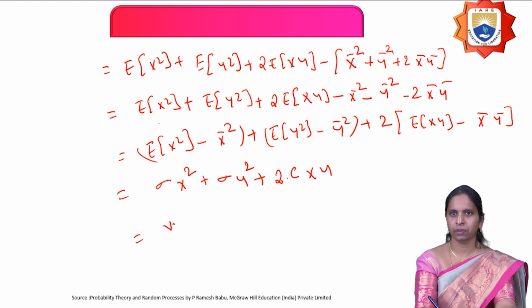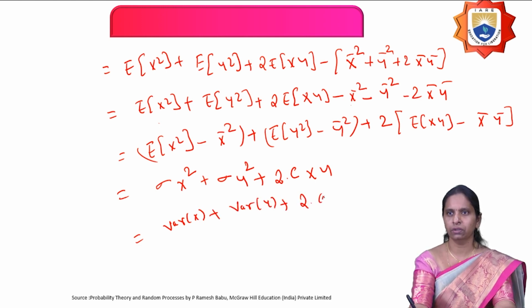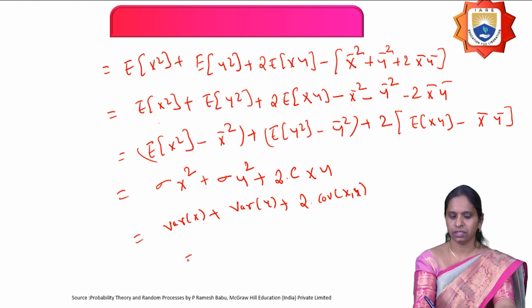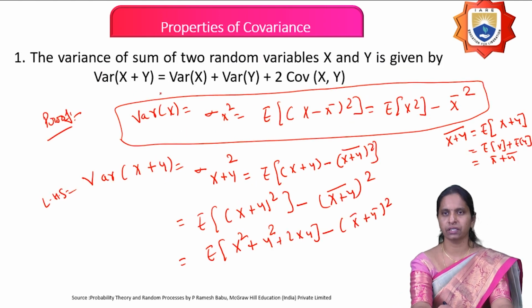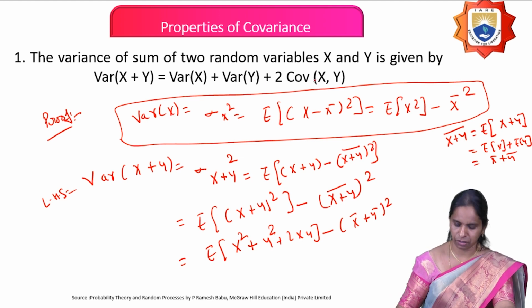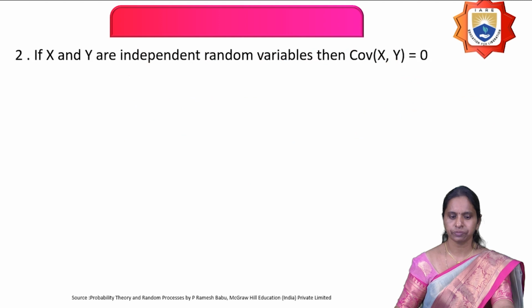So it is variance of x plus variance of y plus 2 into covariance of x and y. This is your RHS. Therefore, variance of x plus y is equal to variance of x plus variance of y plus 2 into covariance of x comma y.